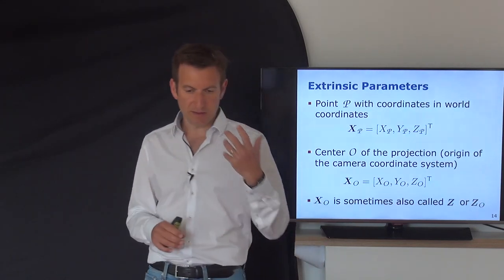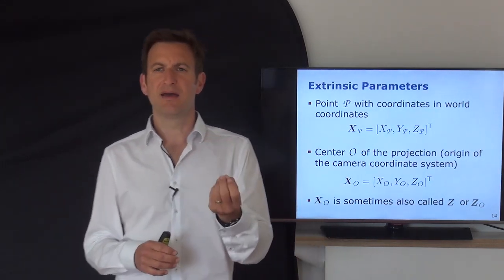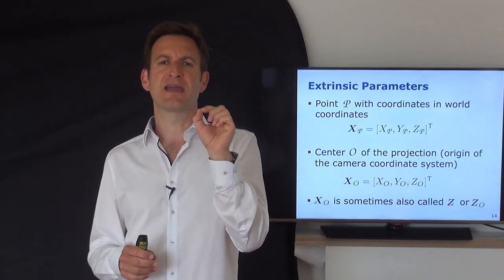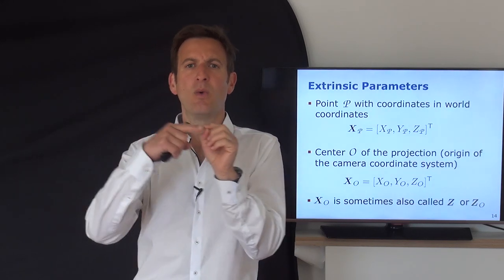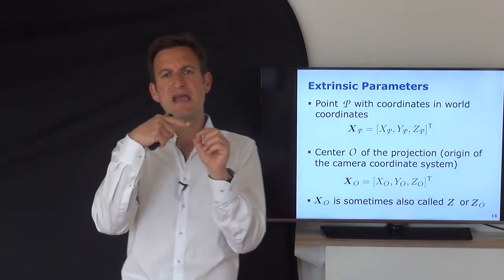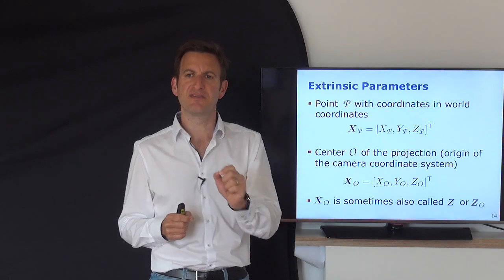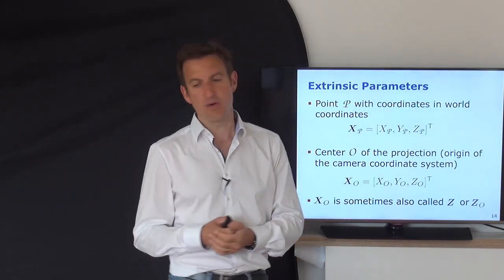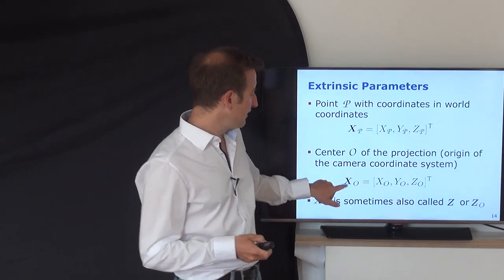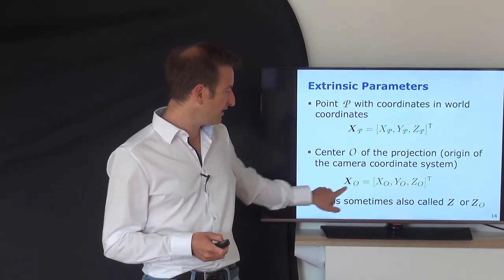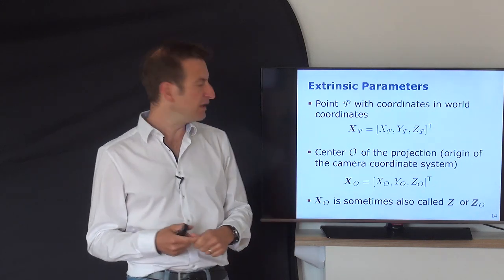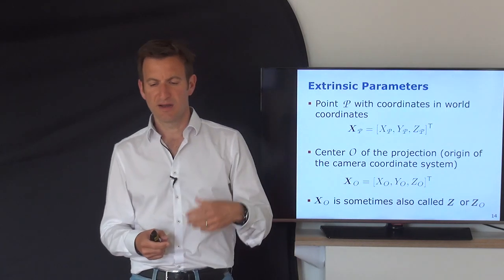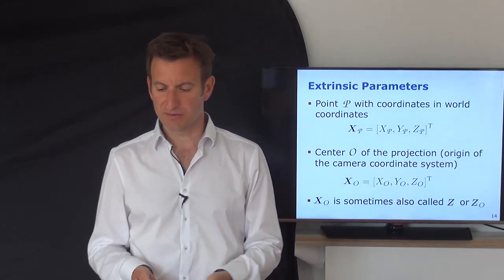This is the origin of my camera coordinate system, and it's the projection center of my camera, the point in the pinhole model where all rays pass through a single point. This defines the camera coordinate system, and we will refer to X0 all the time. You can see the characters of this variable are slightly slanted, which means we're in Euclidean coordinates, so it's just X, Y, Z, not this additional coordinate of the homogeneous coordinates.